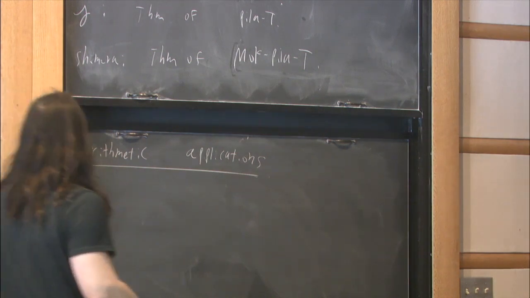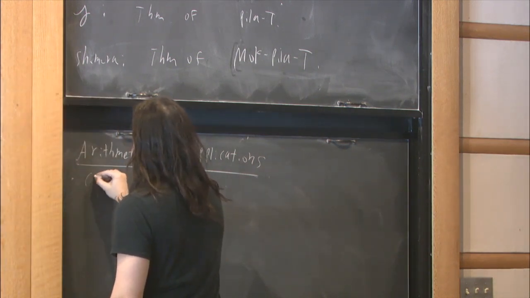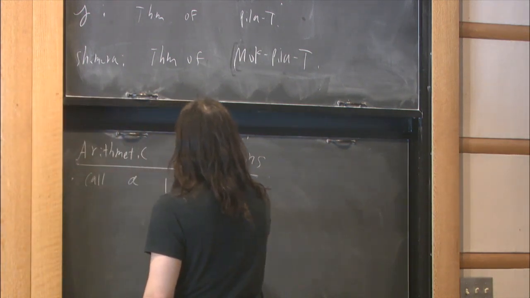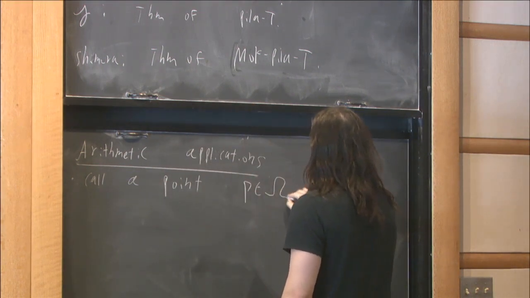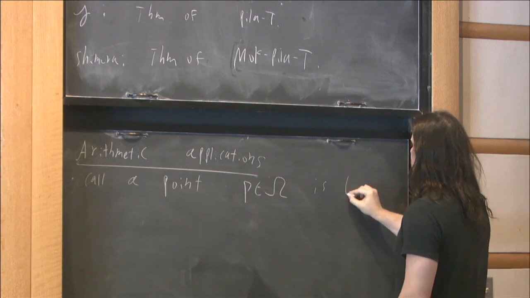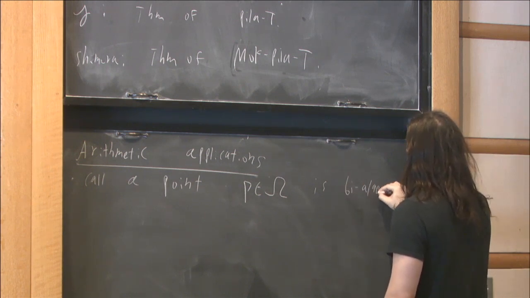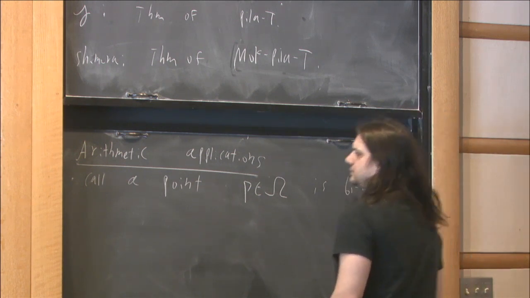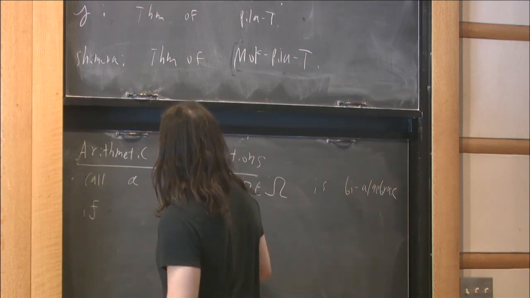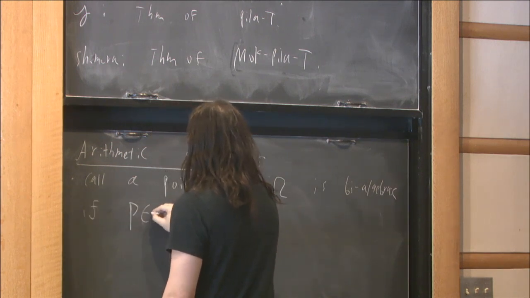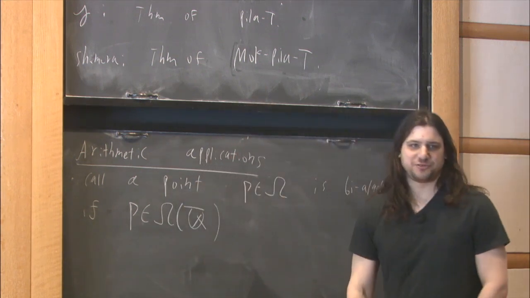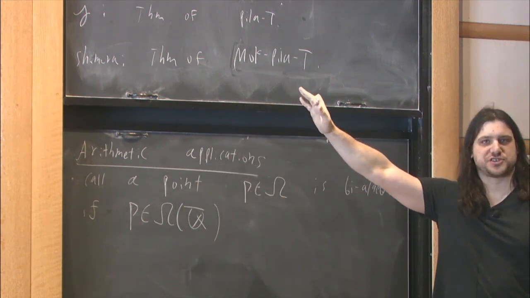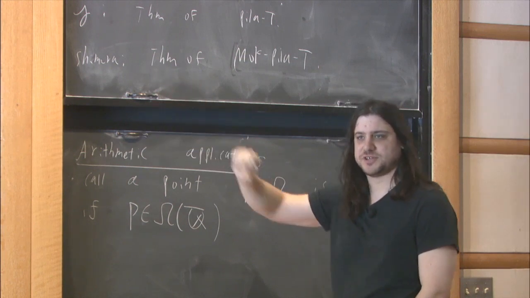So in the same sense, you can say that a point P in omega is bialgebraic if P is a Q-bar point of omega. Now, I haven't really equipped these things with Q-bar structures, but in all three of these cases, there's fairly natural ways to do that.